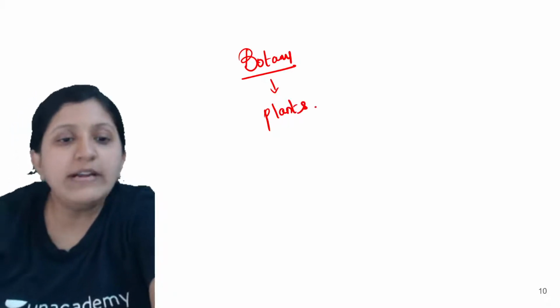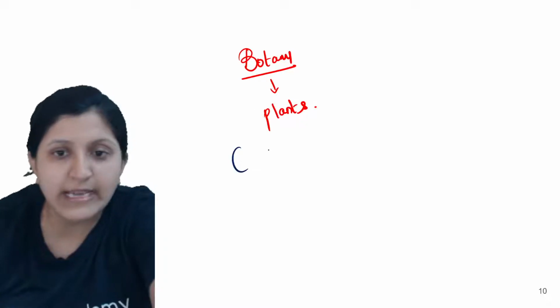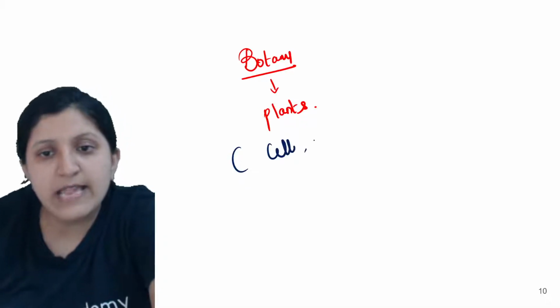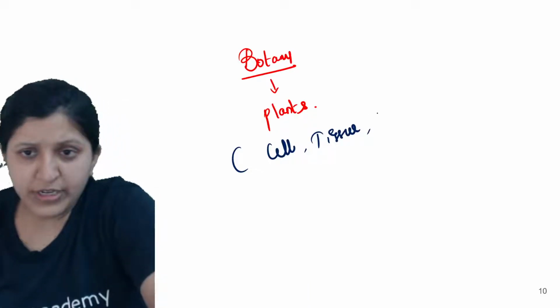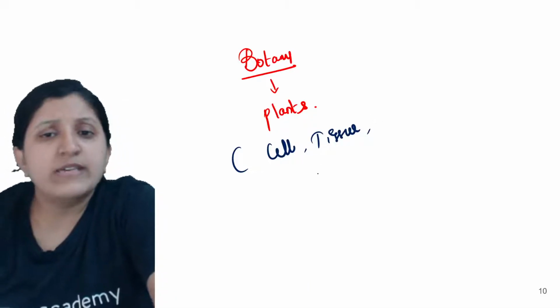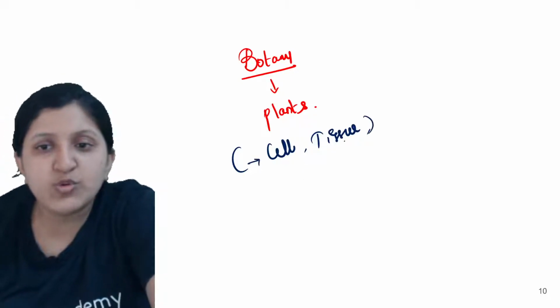Under plants, what we will be studying is the cellular organization, so the cell, the tissue, the different organs. And what is the type of the body, whether there is a root system and shoot system.